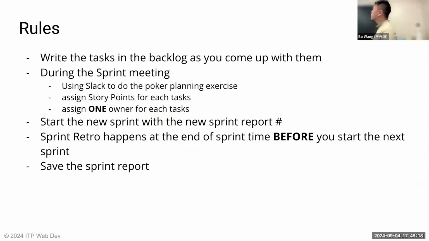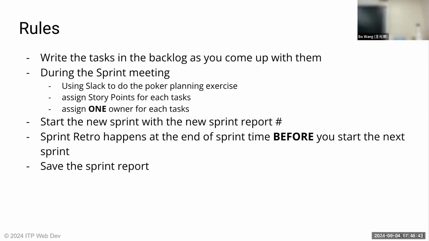Yeah, here are the rules. We'll put the tasks in the backlog, and then during the sprint meeting, we'll use Slack to do the program planning exercise, right? So we'll assign the points for each of the tasks we're going to do for this week, and also assign the owner. Only one owner. We won't want two because they will say, hey, he didn't do it.